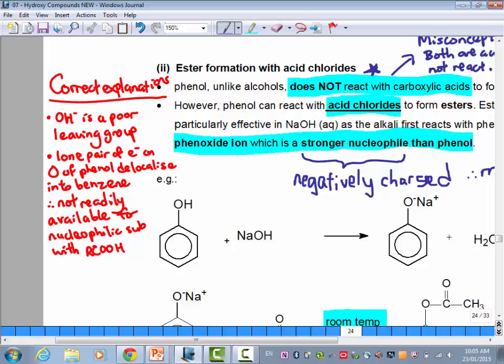And more importantly, on the phenol itself, on O, you have the lone pair of electrons, but this lone pair of electrons tends to delocalize into the benzene ring. As a result, it is not readily available for nucleophilic substitution with your carboxylic acid. That is why.